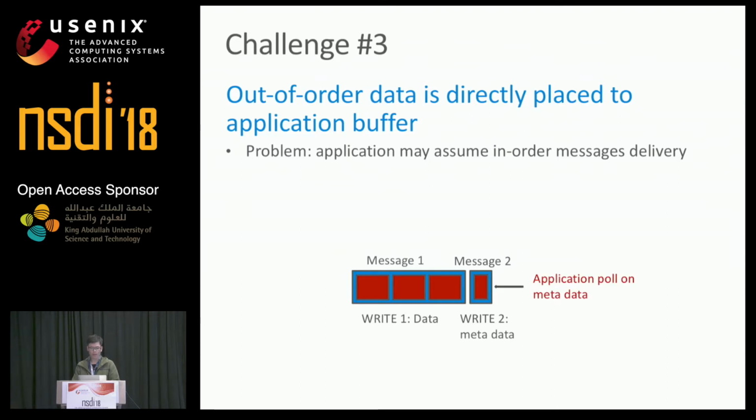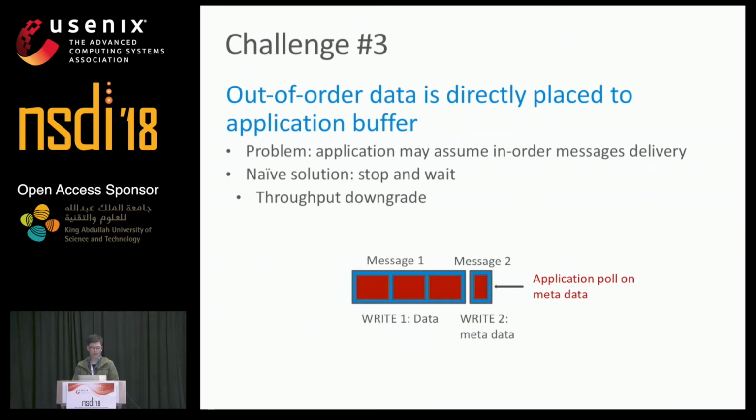And the application will poll on the metadata to check if the data of message 1 has arrived. If out-of-order happens and we directly place the data into the application buffer, then the message 2 data will already have arrived before the message 1 data is ready. Then the application reads the wrong data and runs into an error.